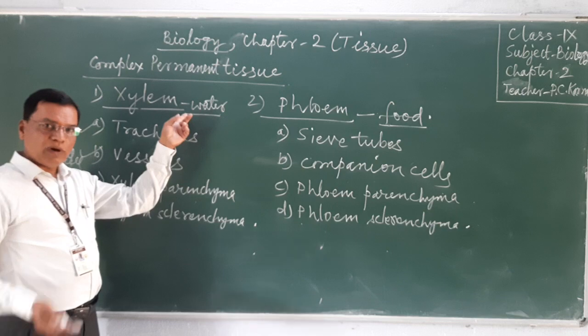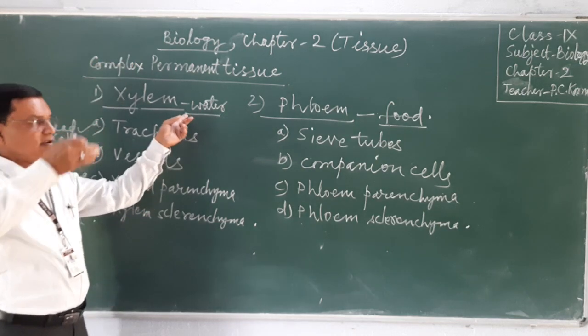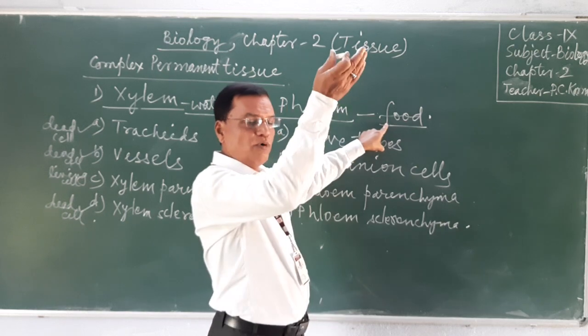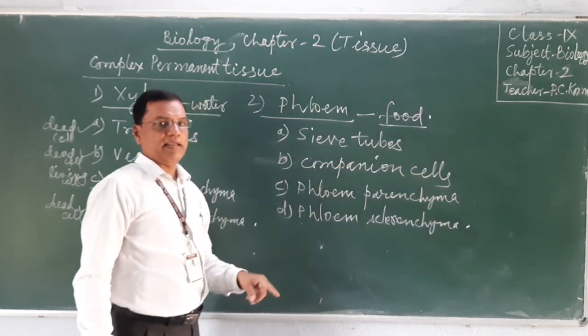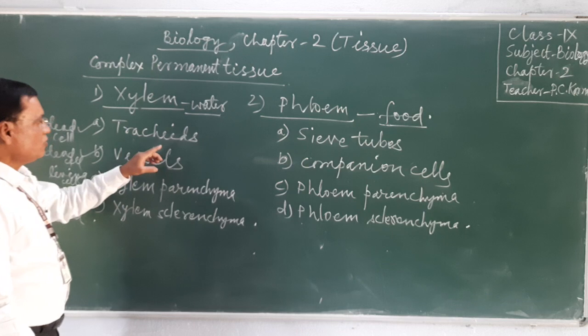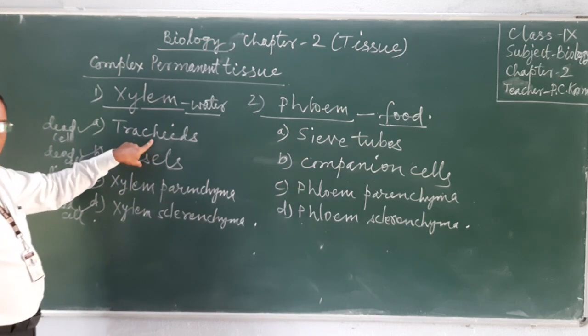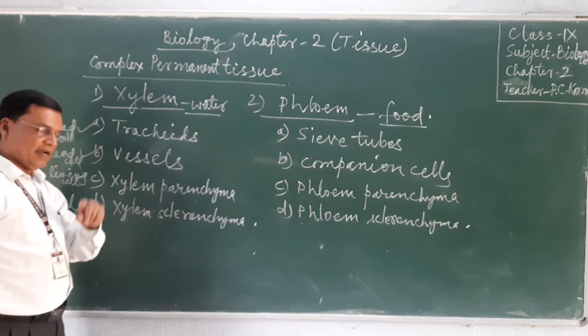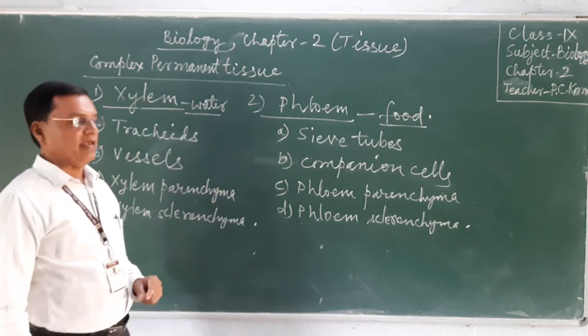Xylem transports water in upward direction, phloem translocates food in upward as well as downward direction, both the directions. Now see, out of the 4 cells present in xylem, 3 are dead, only 1 is living.